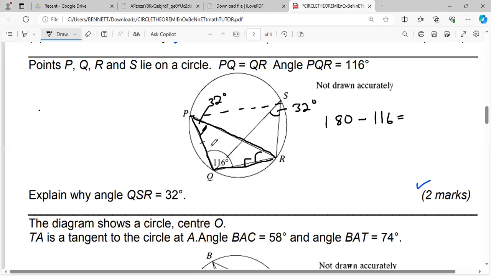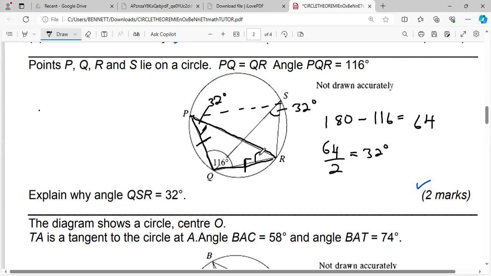When we subtract 116 from 180, we get 64. So 64 must be shared between these two, so 64 divided by 2 gives the base angle. So this will be 32.